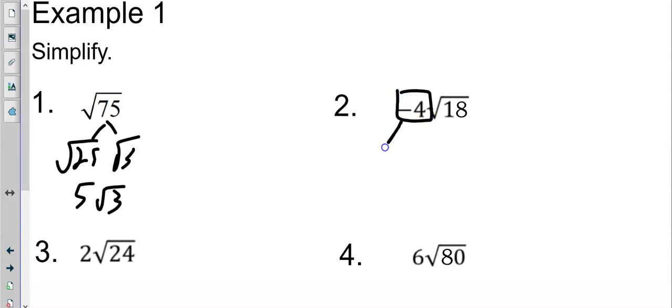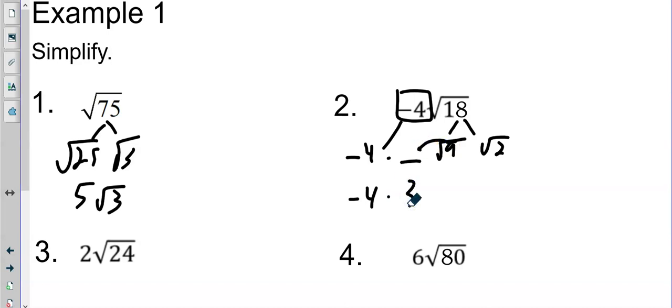Now notice this one's special. There's a number already outside here that's going to be multiplied by whatever we take out. So 18. We look on the list and we find out that 9 is a perfect square number that goes into it twice. So I'm going to write this -4 again times, what is the square root of 9?